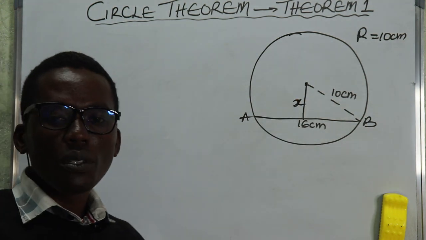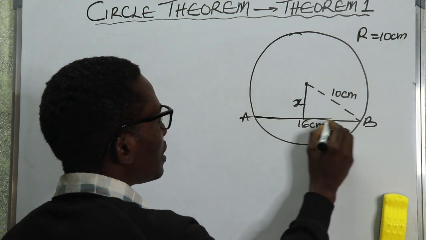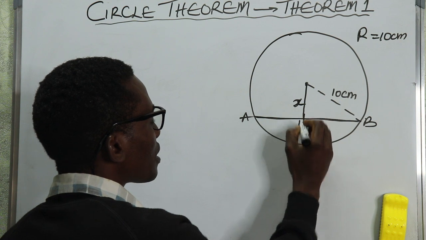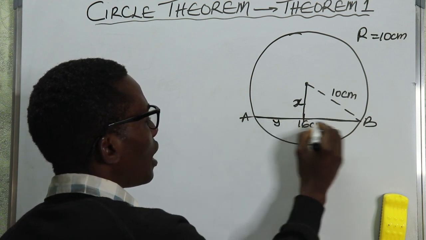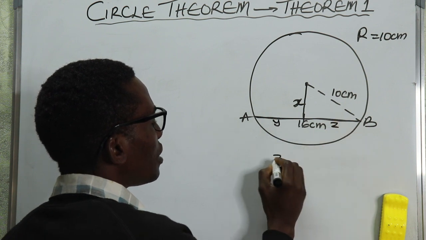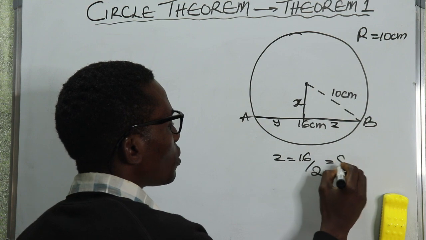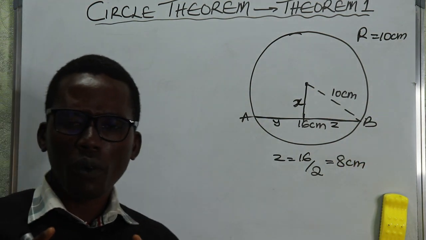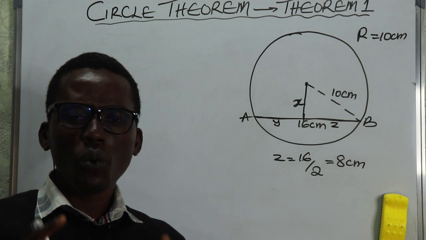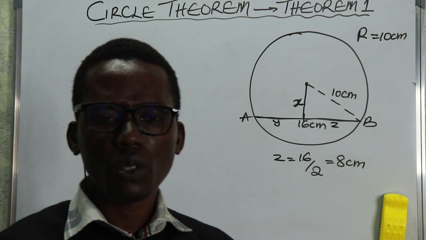So having drawn that, all you need to do is to note that this line from the center bisects this line. So that means this line, if this is y and this is z, our z will be equal to 16 divided by 2, which is equal to 8 centimeter. So we've gotten a point now. We are going to use the Pythagoras theorem in solving this question.